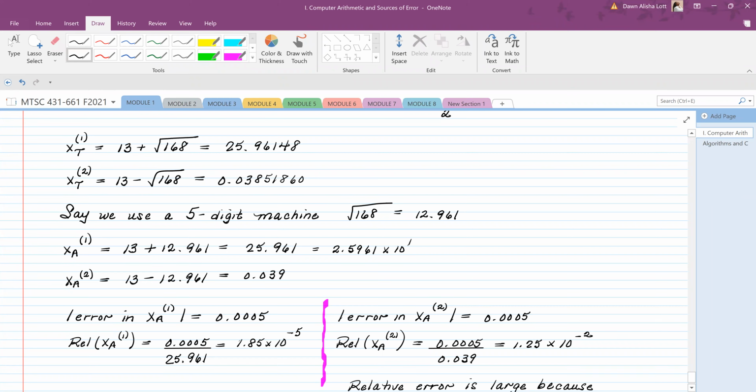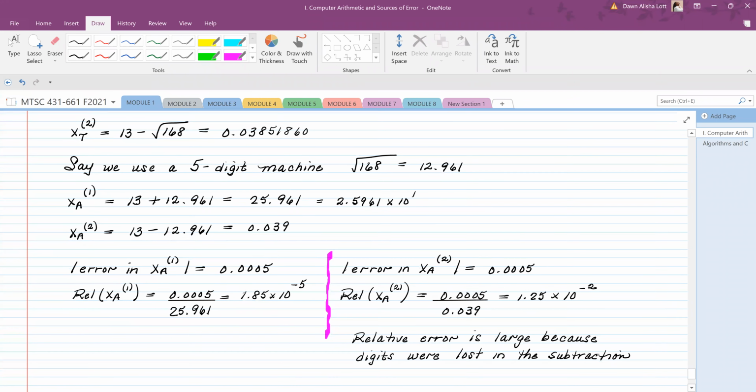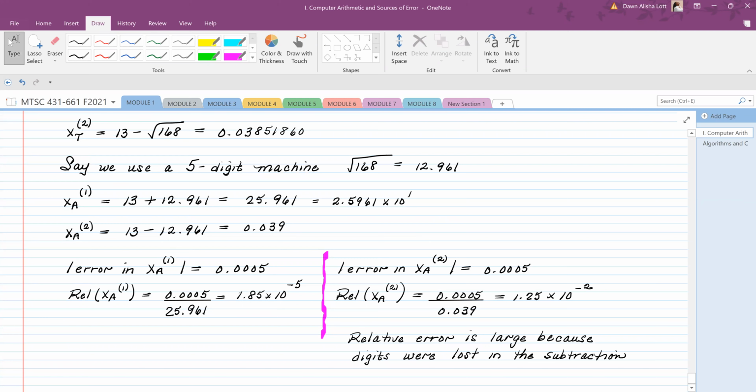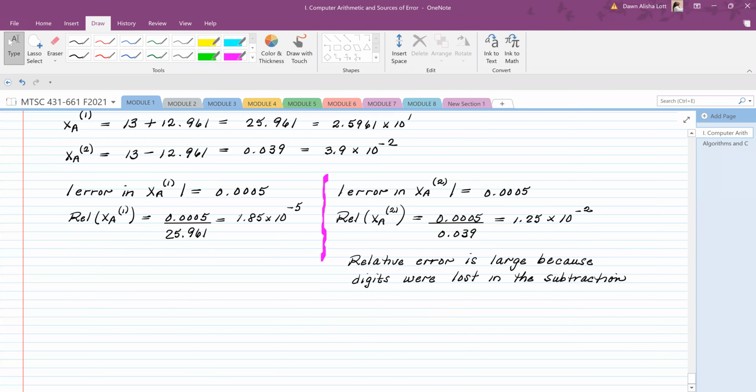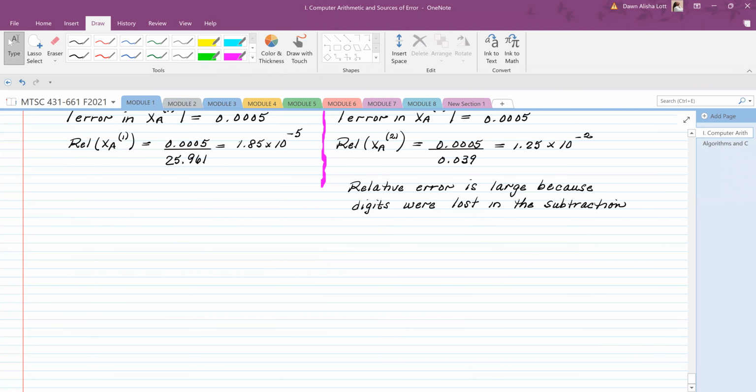But when we do the subtraction, we actually lose a whole lot of information. So we don't have 5 digits. We only have 2 digits. Okay, we have 3.9 times 10 to the negative 2. So the difference between having 5 digits and 2 digits causes us to have a large relative error.